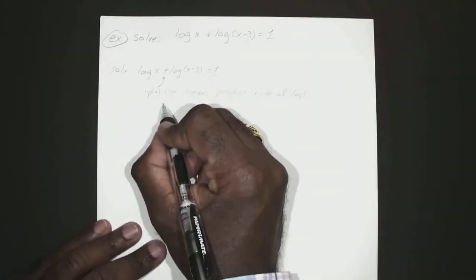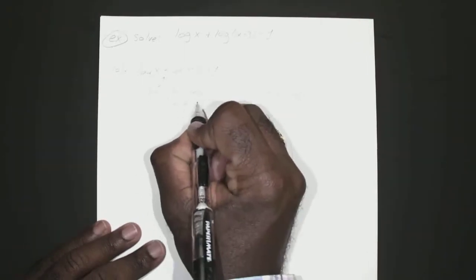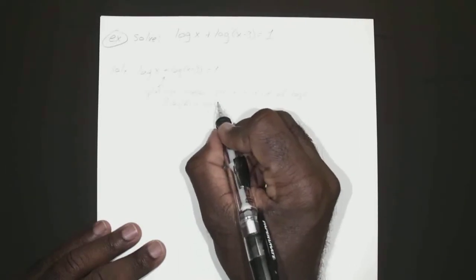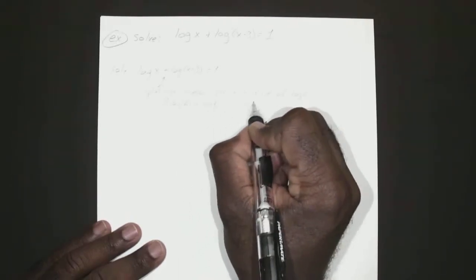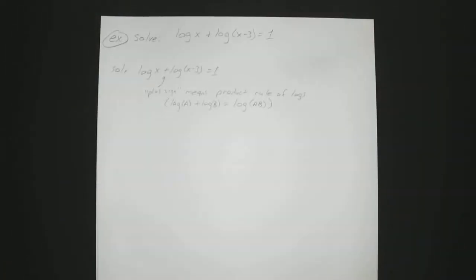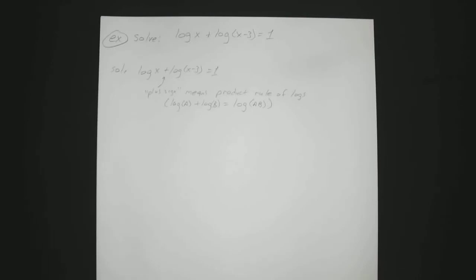Okay, and remember that's just log of A plus log of B equals log of A times B. Which is really, first couple times we did it the other direction, but it works both ways.